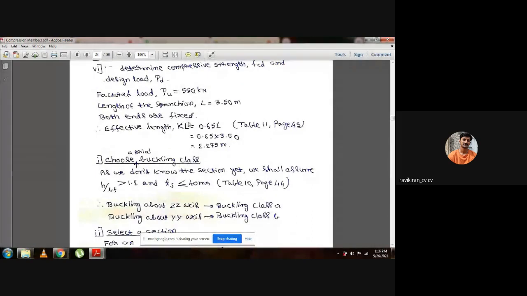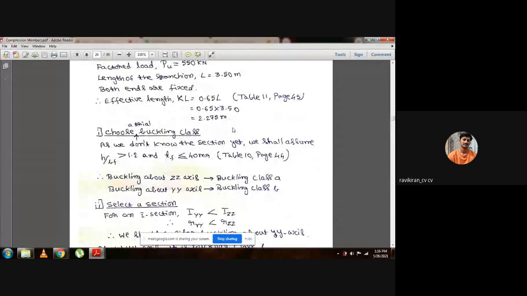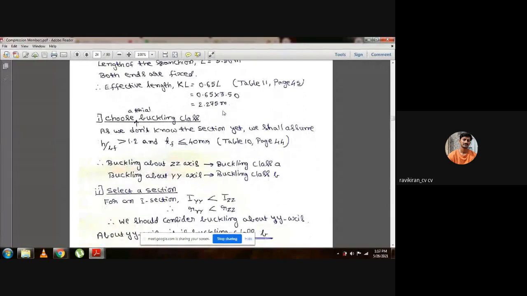So the effective length will become KL, that is 0.65 for both ends fixed, which is available in table 11, page 45 of IS 800. So 0.65 multiplied by 3.5 will give us 2.275 meter.